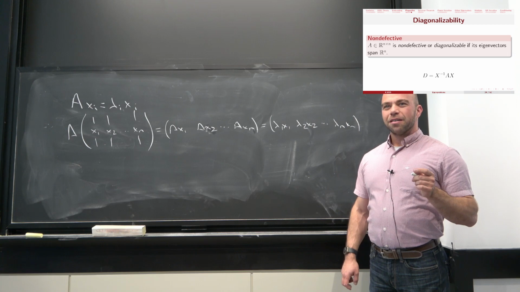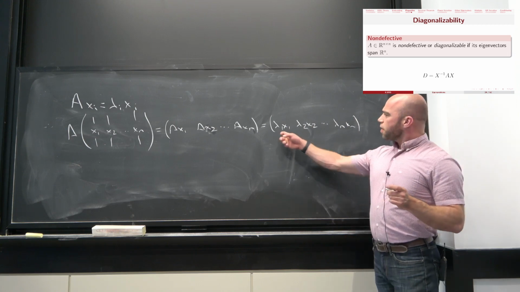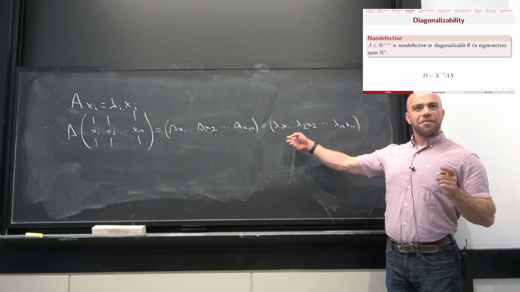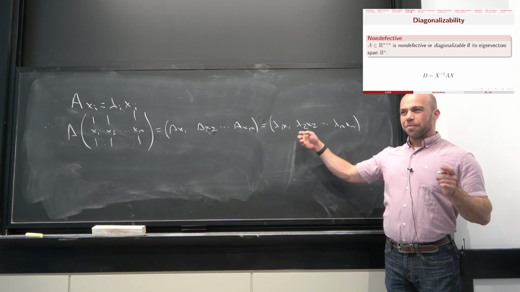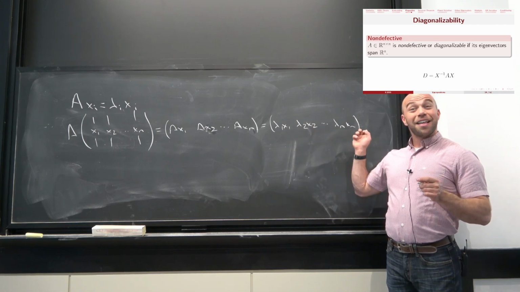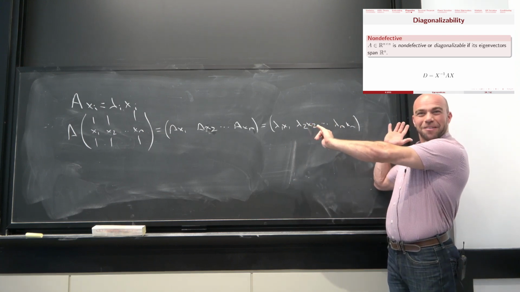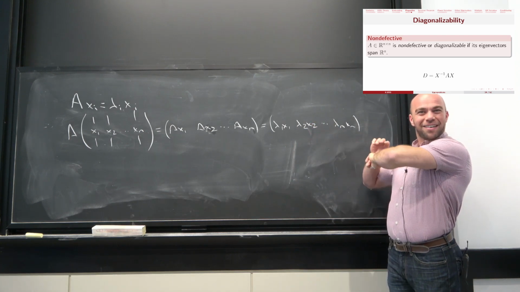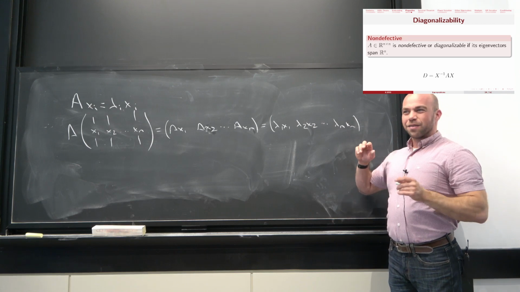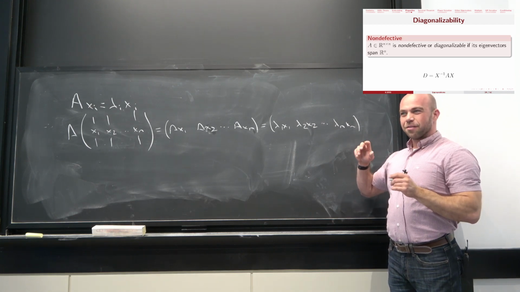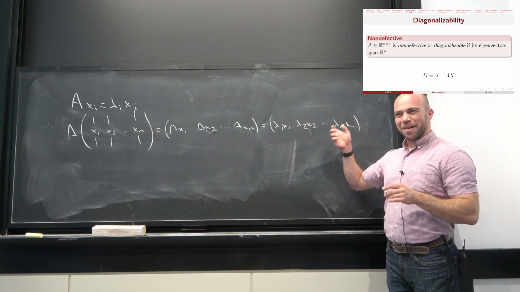Everybody with me so far? So, notice that this is just a rescaling of the columns of x, right? Each column gets scaled by a different lambda. That is a column operation. What side of the matrix do column operations go on? So we kind of know it's going to be multiplying by a diagonal matrix, right?